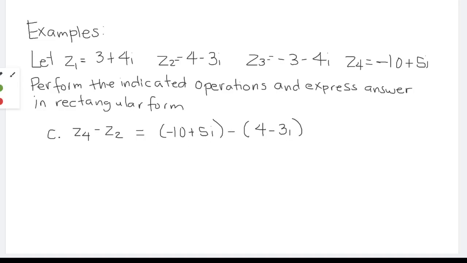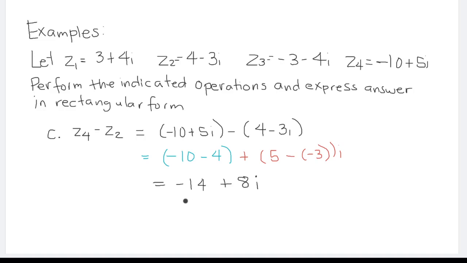So that is negative 10 minus 4, then plus 5i minus negative 3i. So negative 10 minus 4 is negative 14. And 5 plus, since negative times negative is positive, that is plus 8i. So this is the result for letter C.